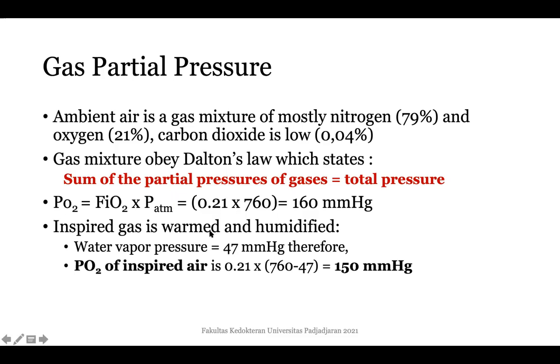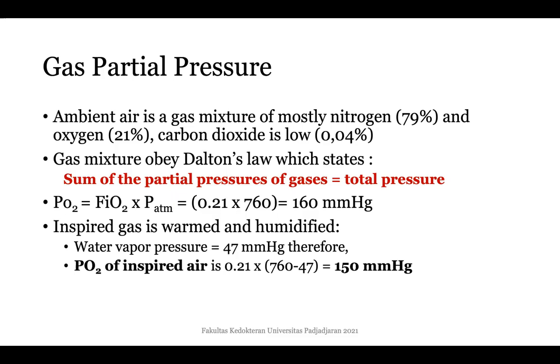Remember that I said that one of the roles of the conducting system is to moisturize air, so we are adding water vapor. The vapor pressure of water is 47 millimeters of mercury.